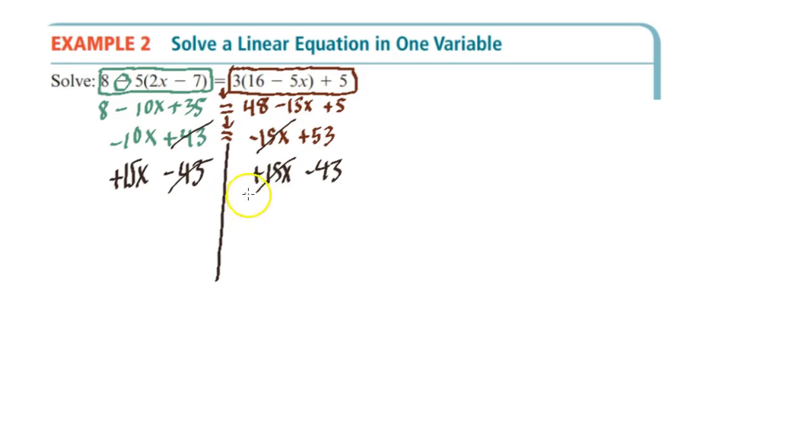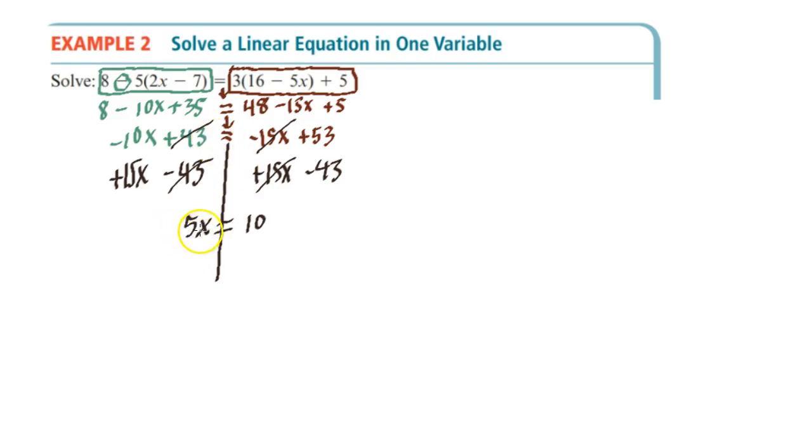So now we are down to negative 10x plus 15x is 5x is equal to negative 53 minus 43 is positive 10. Okay, and at this point we are done with the addition and subtraction property of equality, and now we can deal with the multiplication and division property of equality.